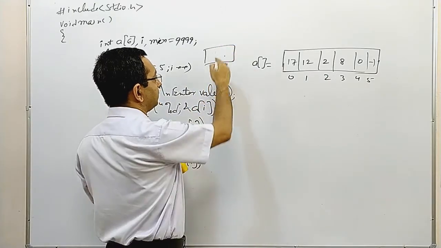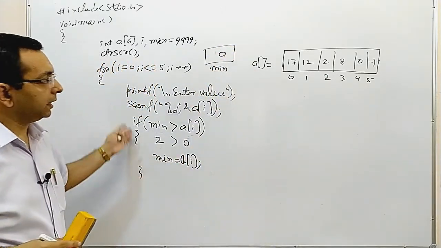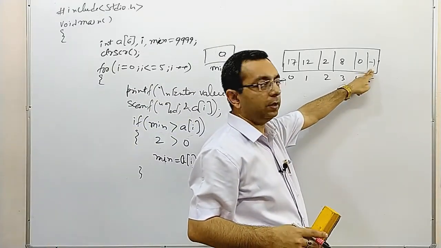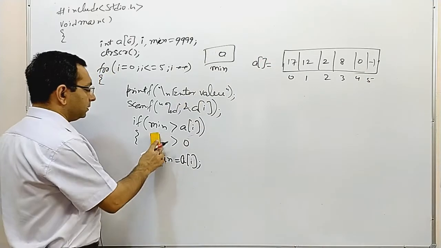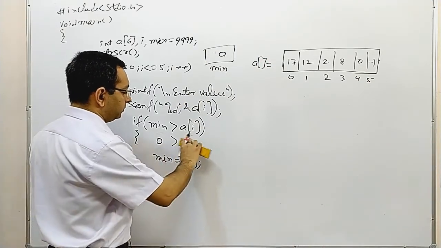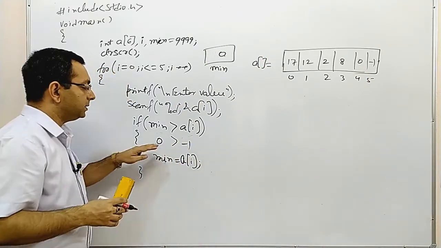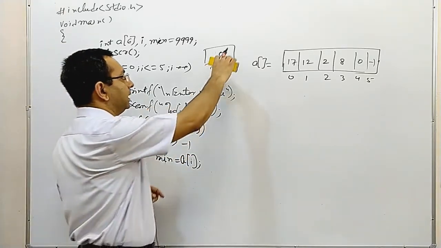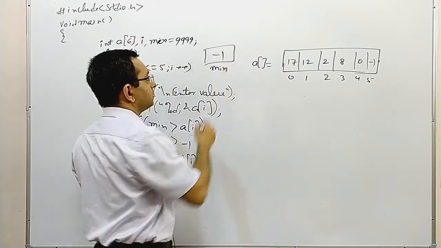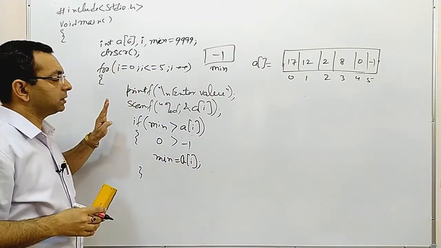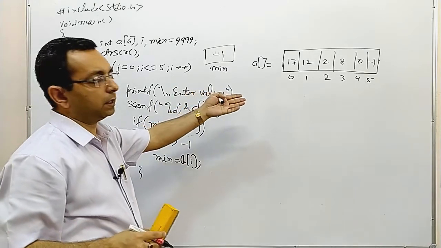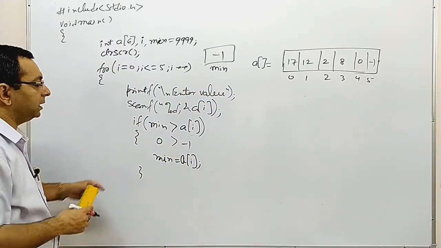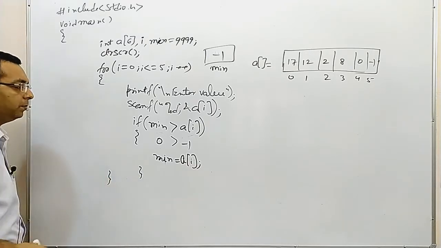So 0 will be here. And the next iteration is for 5. 5 has the value -1, and it will compare 0 with -1. 0 is bigger than -1, so it will be overwritten with -1. So this is the situation. Next, there is no other number, so this loop will end here, and we close this loop here.